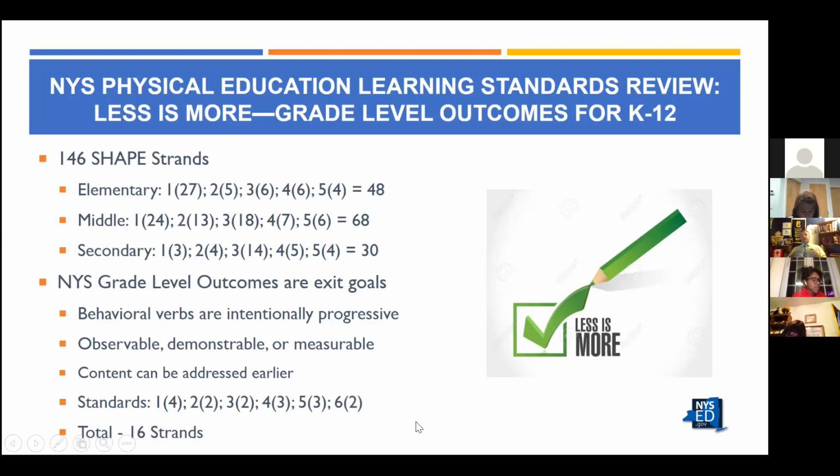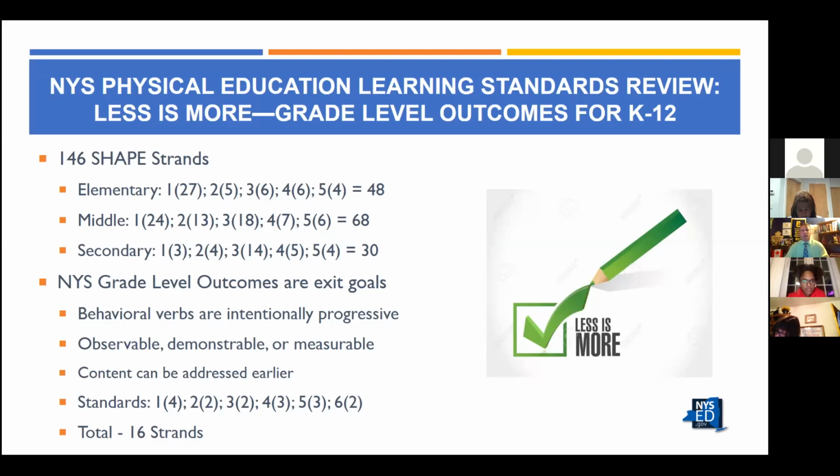So what does that mean? Well, if you look at this, elementary, middle, and high school at the national level breaks into over 146 content strands alone. That means well over 200 plus grade level outcomes. That is fantastic, very specific, very helpful. But the committee felt that PE programs being so unique and different and disparate in New York State, we needed to take a less is more approach.